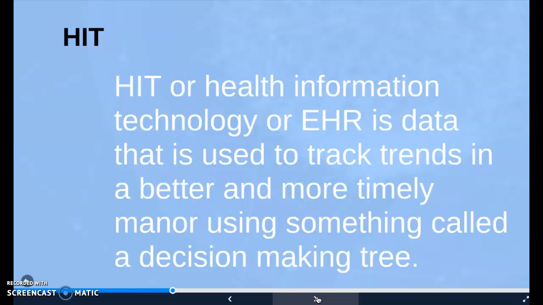A decision-making tree is a nursing process which uses various stages or steps that a person follows before making a final decision. These stages include assessment, diagnosis, planning, implementation, and finally, evaluation.